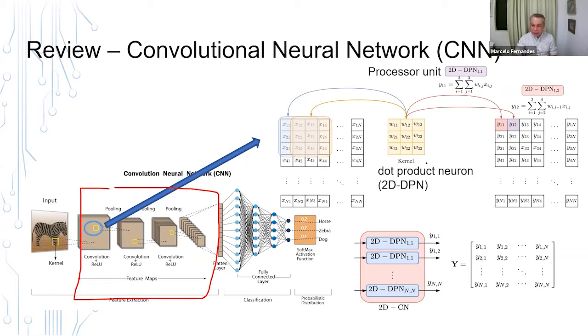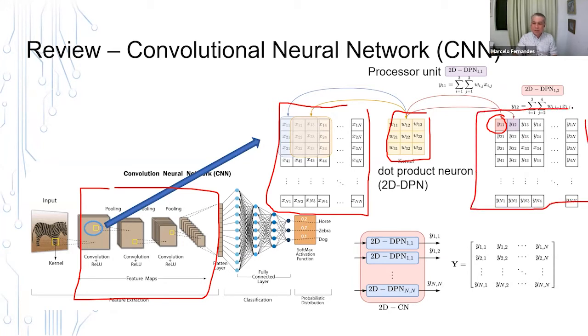We have a kernel and an input, and we make the convolutional processing, and each kernel generates another bidimensional output. We have a bidimensional input, a bidimensional kernel, and a bidimensional output.